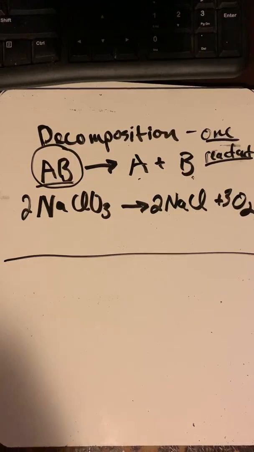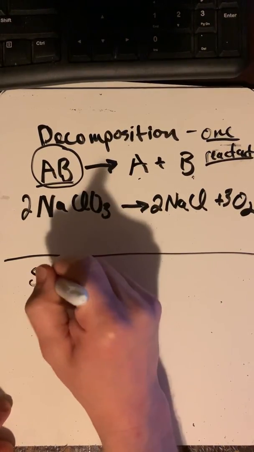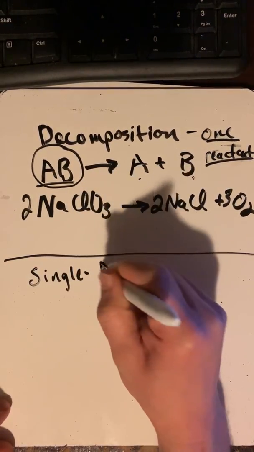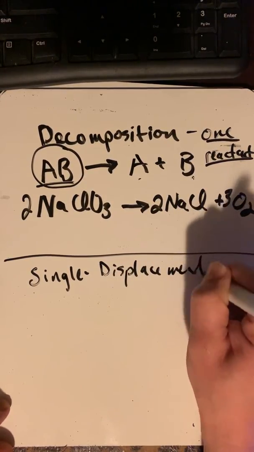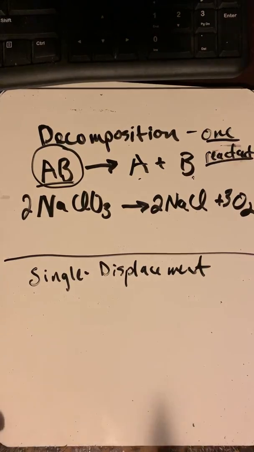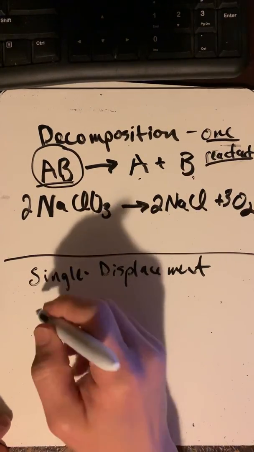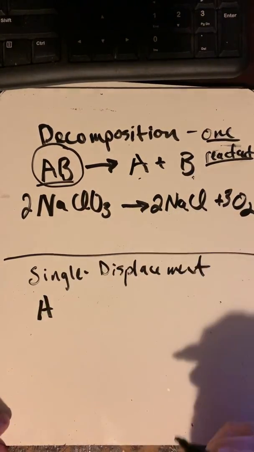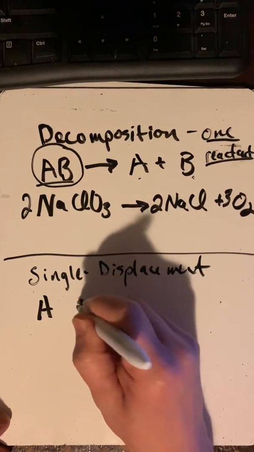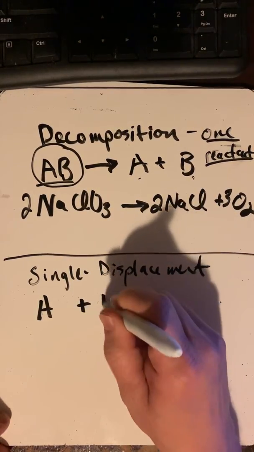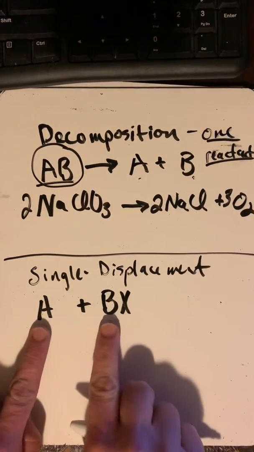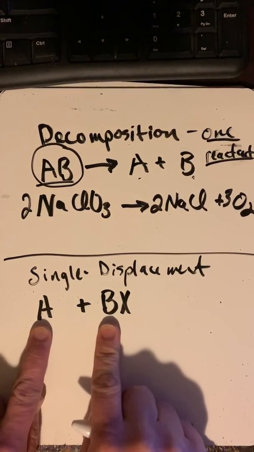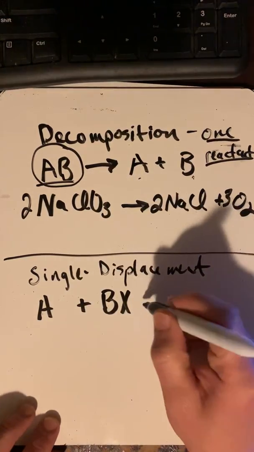Okay, third type of reaction is called single displacement. Okay, so in single displacement, you have 1 element that's by itself that reacts with a compound, and this element and this element in this compound are going to switch places.